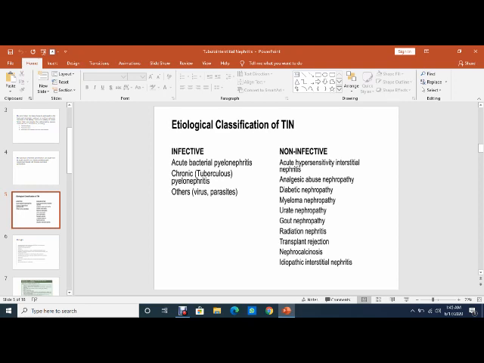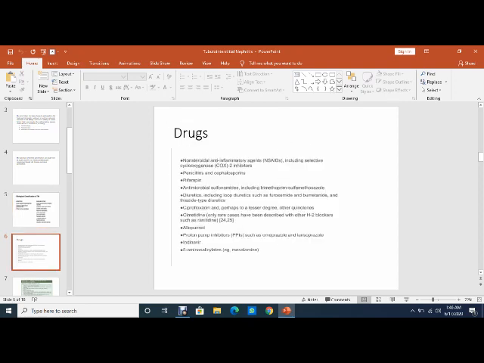Radiation, patients who have cancerous conditions and require radiation therapy can develop radiation nephritis. Sometimes in the rejection of kidney transplant patients, nephrocalcinosis and idiopathic interstitial nephritis.